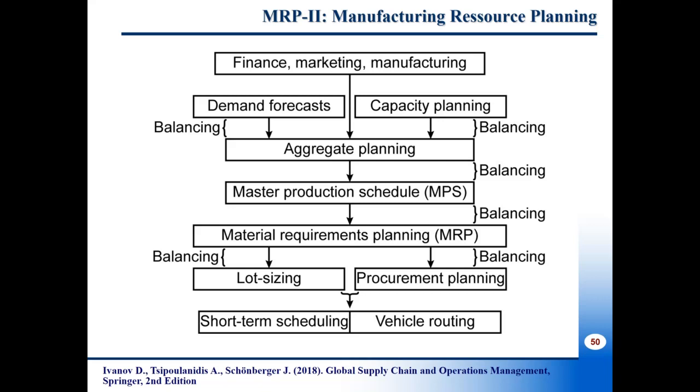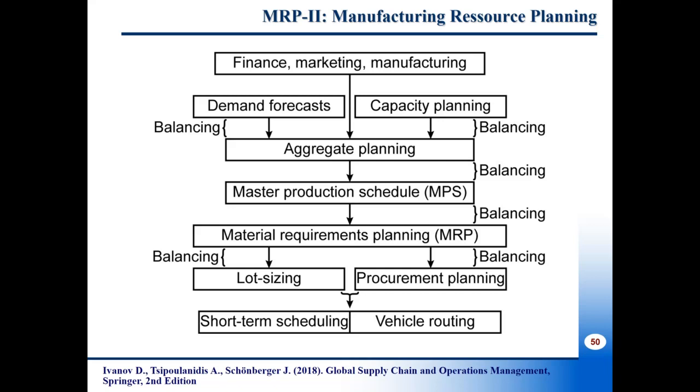MRP2 is a hierarchical planning approach. This means that decisions from the upper level are used as input data for the lower levels, as opposed to simultaneous planning, which is more complex.